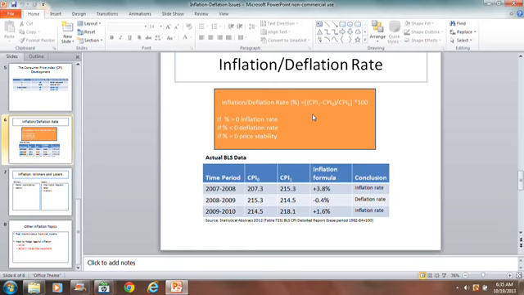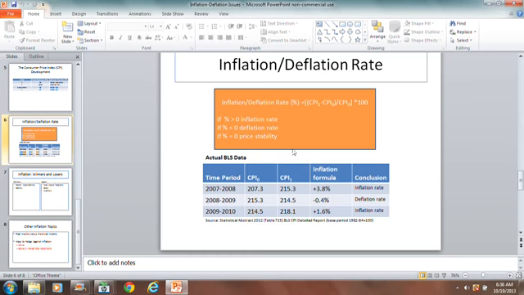For example, if I'm studying inflation between 2000 and 2001, 2001 is the most forward in time, so the CPI for 2001 would be designated as CPI 1. And of course, CPI 0 would be by default for 2000. So whatever period is the most forward in time, its CPI will be assigned to CPI 1. And then you just plug the numbers into the formula, crank out the result, and then interpret the result as we just indicated.